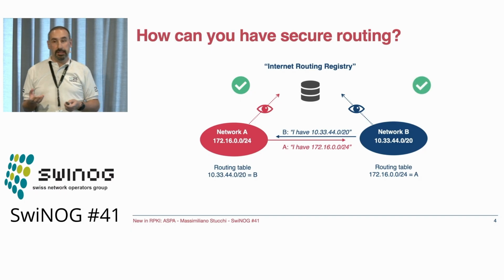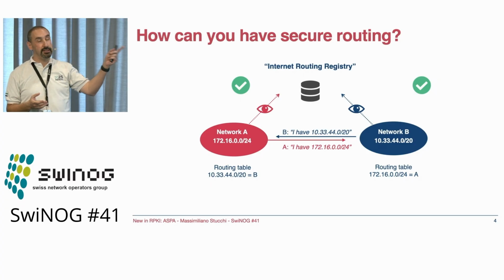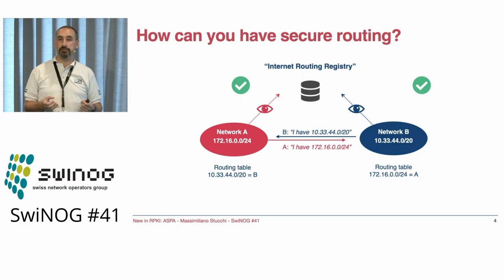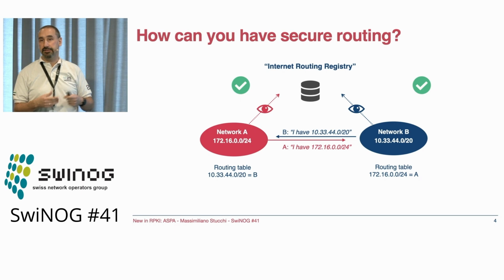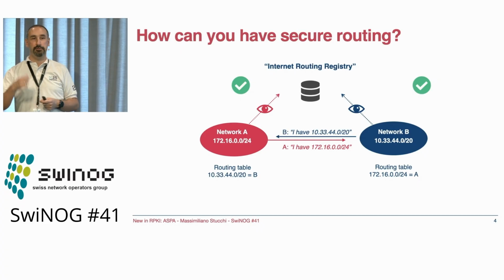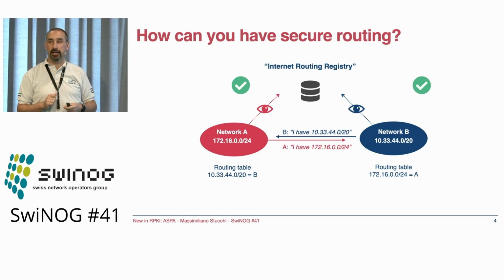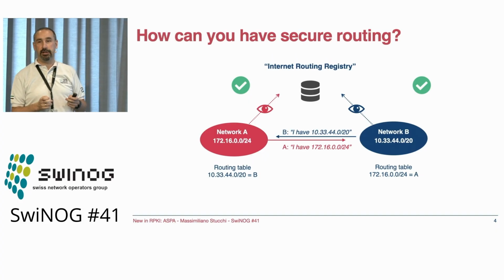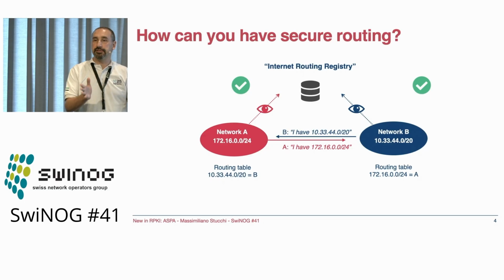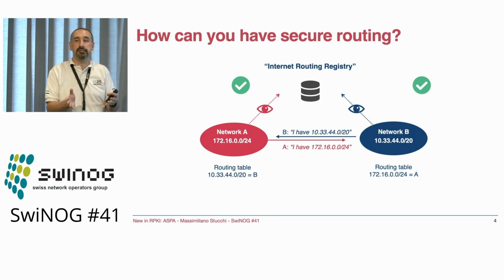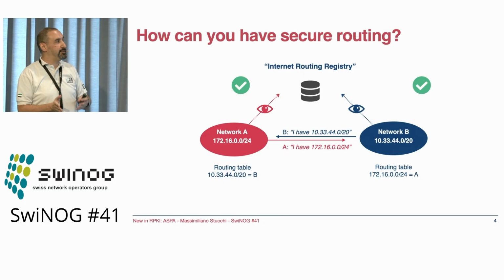The problem, though, is that we have more than 30 of those registries, and we have problems trusting them. In many of them it's very simple: you just pay a fee, you get a maintainer, and then with that, you can create objects if people have not already created objects in that address space. So you can relatively easily hijack address spaces with that.